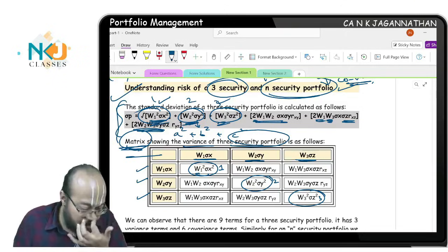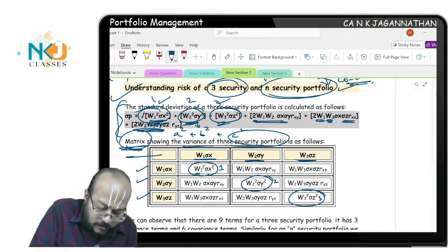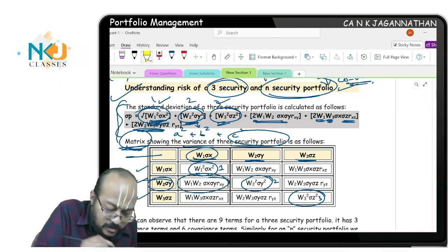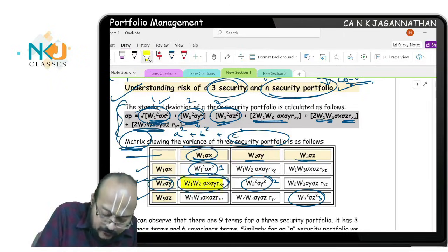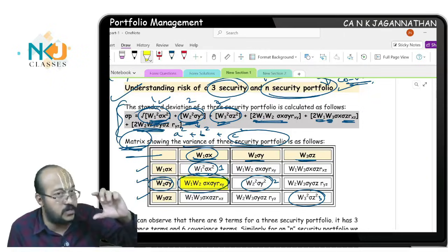Take W1 and take W2 and see the common thing. I can mark it in yellow. Can you see this? W1 W2 sigma x sigma y correlation of x and y, the relationship between x and y.